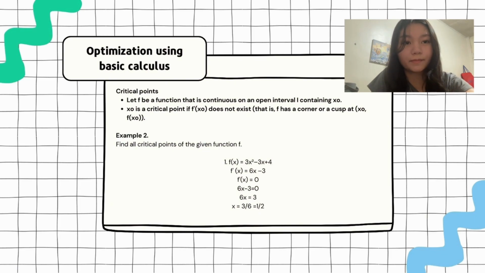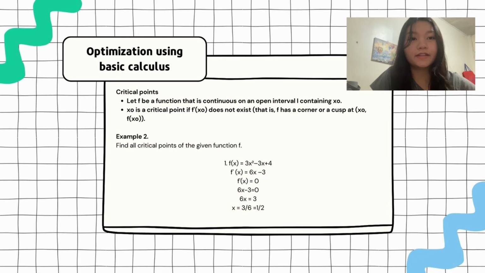So, in example 2, let's proceed. Here, f of x equals 3x squared minus 3x plus 4.